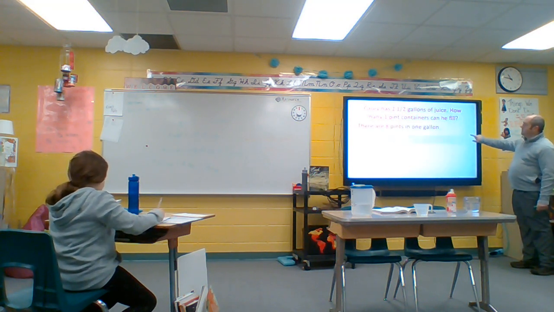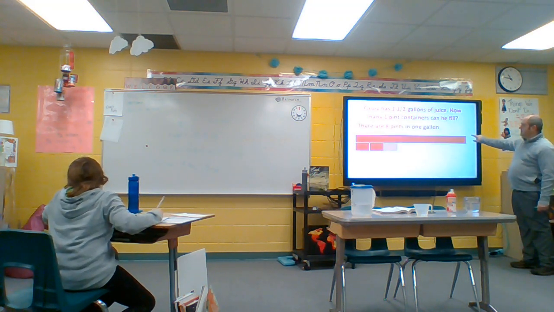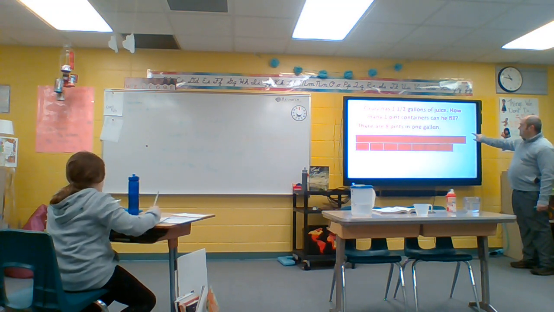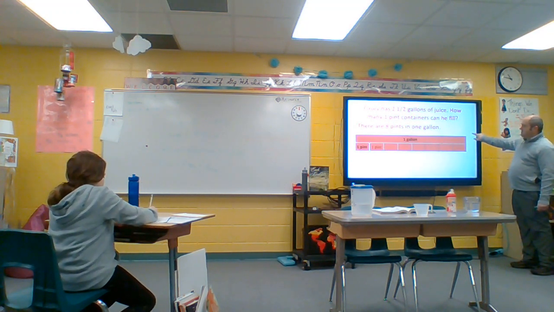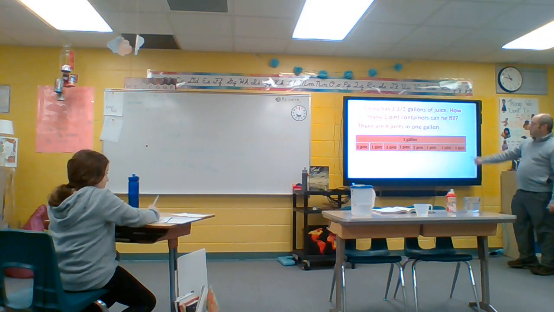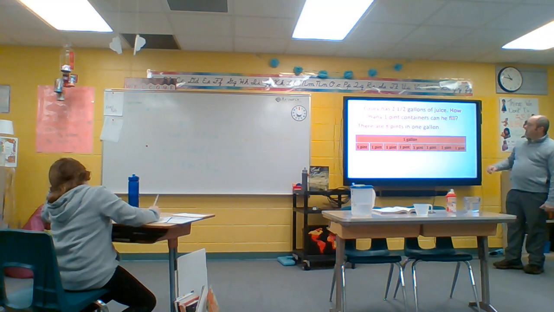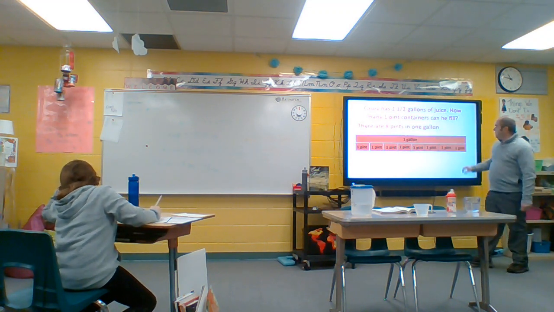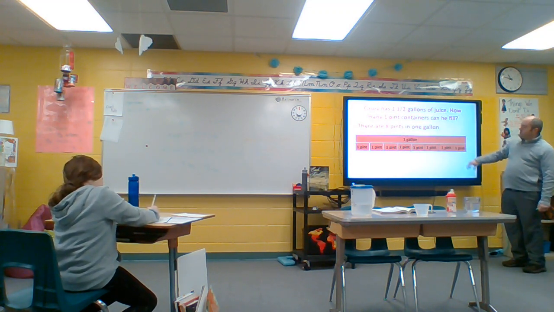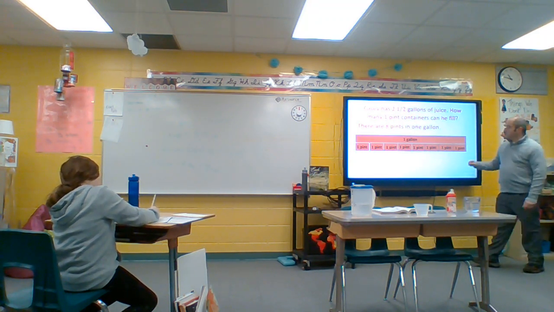There are 8 pints in 1 gallon. See how 8 pints equals 1 gallon? And if he has 2.5, that means I should probably do this 2.5 times, right? 1 gallon, then 1 gallon, then half a gallon.